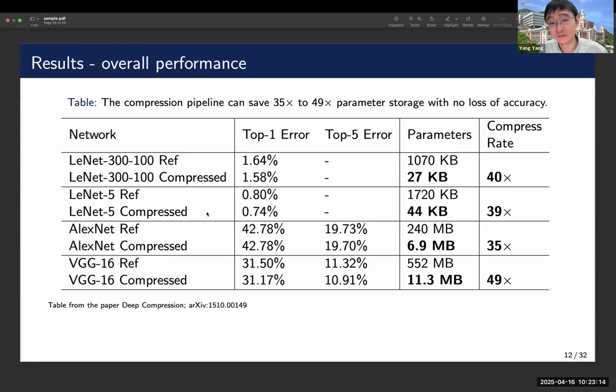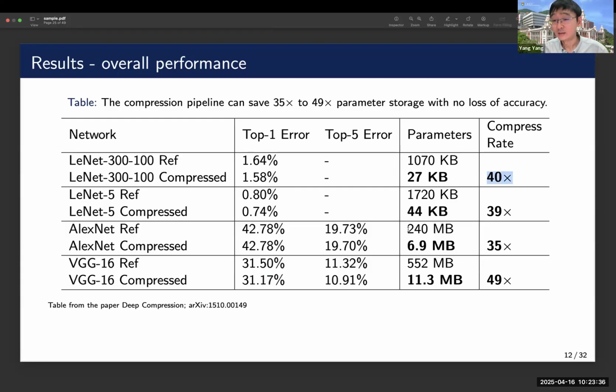Sorry, a drop in model error means an increase in model performance, so it can somehow even improve the model performance. The same is true for the image model. It can reduce the prediction error, and they can achieve a quite surprising compression rate.